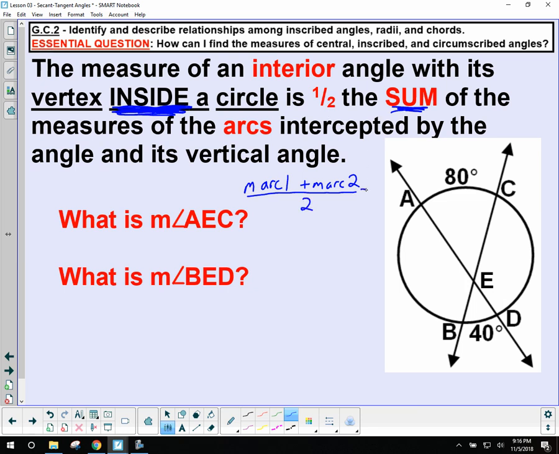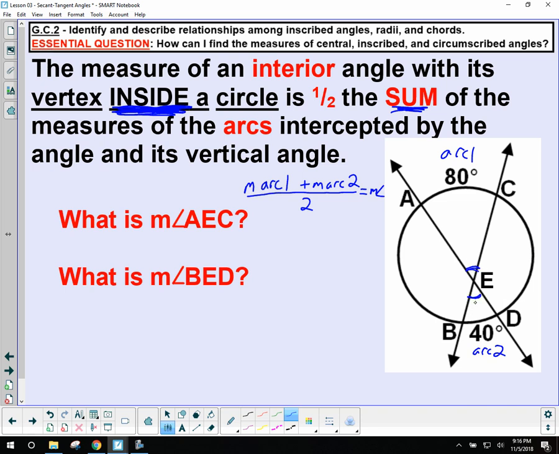Now, I don't really know how to label this. I'm just going to put measure of angle. So, in layman's terms, here's arc 1, here's arc 2 for this argument, here's our angle. Vertical angles means it would be the same thing over here, so it doesn't really matter. If anything, you're kind of solving for both anyway because of vertical angles. So plug in what you know.